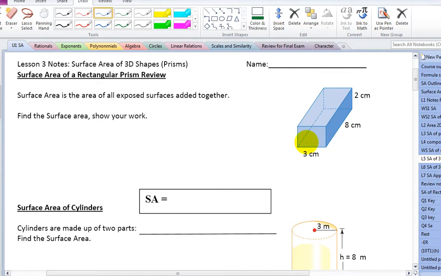Okay, so real quickly, let's find the surface area of this one. We're going to have a front and a back, a left and a right, and a top and a bottom.